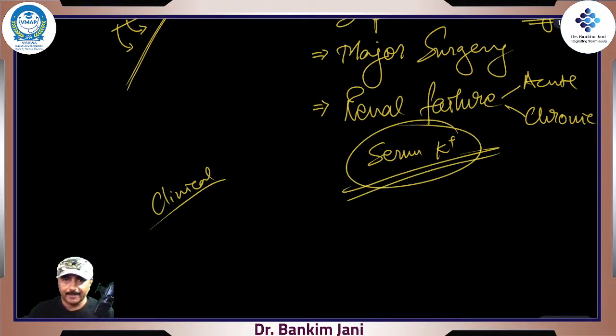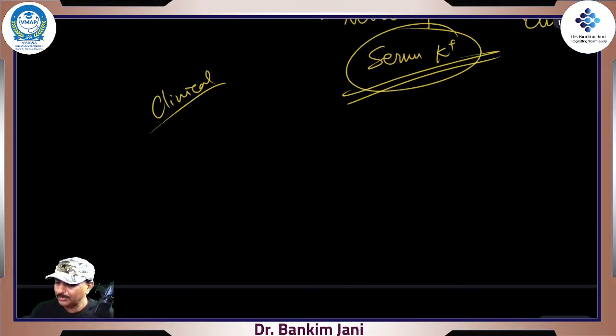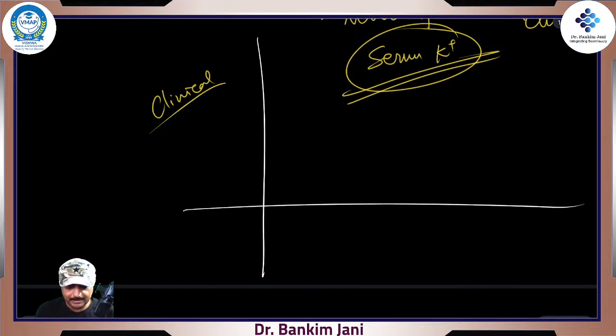Okay, if this is the situation, now we go back to that image, which was our resting membrane potential. It was, say, minus 80, and this is our RMP, resting membrane potential. What would happen in this case?